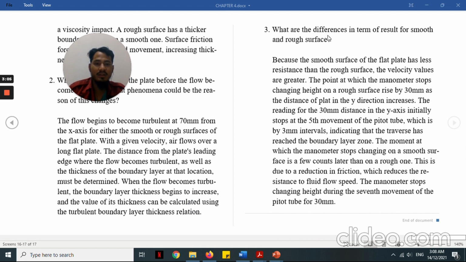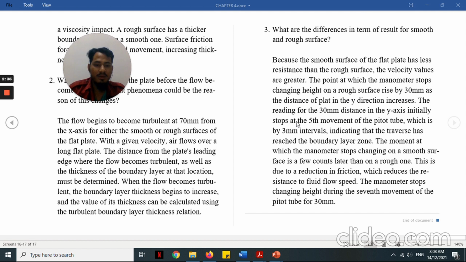The last one is the differences in terms of result for smooth and rough surface. The smooth surface has less resistance compared to the rough surface, so the velocity that we get is greater. The point at which the manometer stops changing height on rough surface is raised by 30 mm, since the distance of plate in y direction increases.